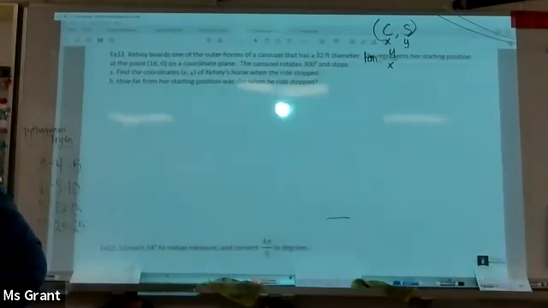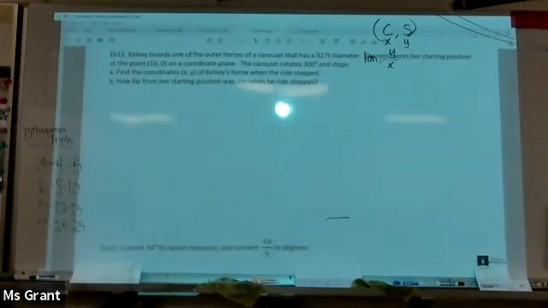Remember, diagonally, the unit has to match up. So the pi sign needs to match up diagonally.